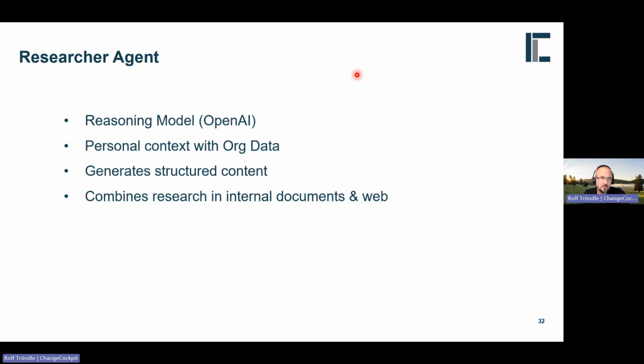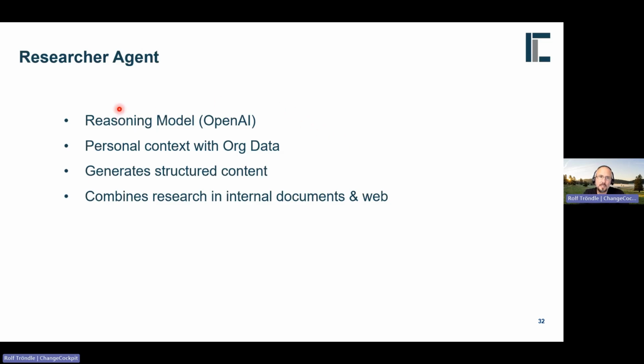Next one is the Researcher Agent. Researcher is basically a reasoning model from OpenAI behind it. So if you want to do deep research instead of just having a chat conversation, that's like when you're using ChatGPT and you switch from GPT to the reasoning model, like an O model or whatever.